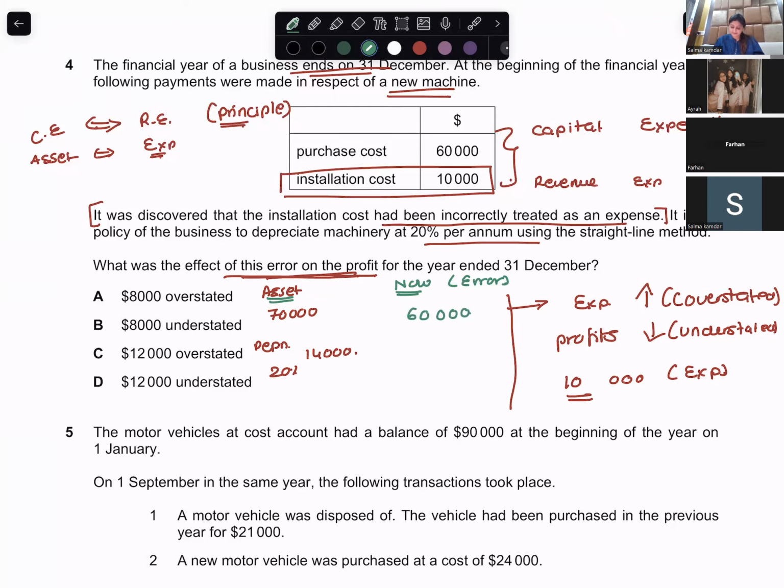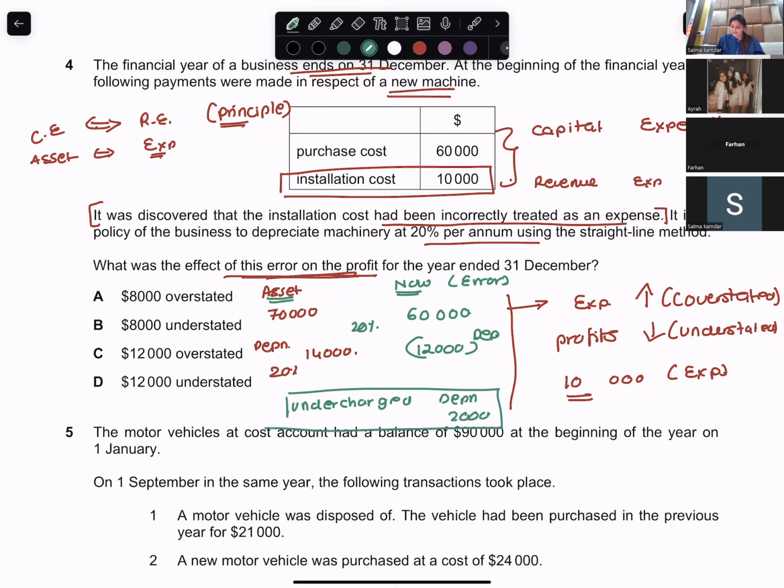So it will be 12,000 depreciation. Depreciation is 20% of this. So you have undercharged depreciation by 2,000.